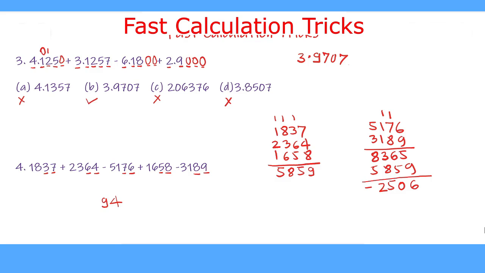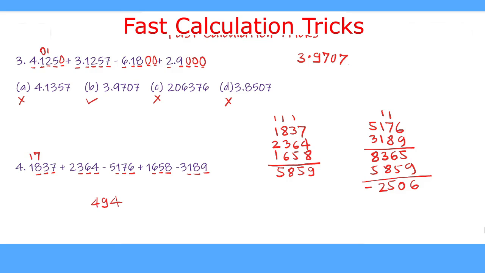We had carried 1, so 8 has become 7. 7 plus 3 is 10. 10 minus 1 is 9. 9 plus 6 is 15. 15 minus 1 is 14. We write 4 and we carry 1 here.